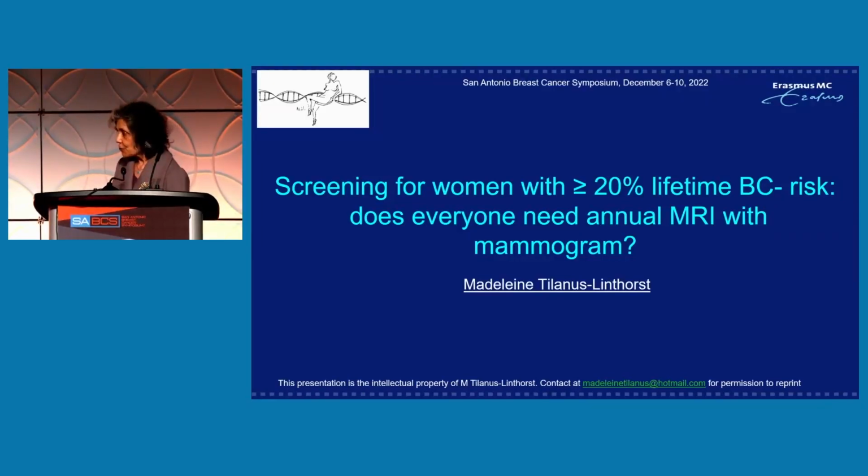So she has a treasure trove of data, and she's going to inform us now about the performance of MRI surveillance in high-risk women, as well as those at moderate risk.